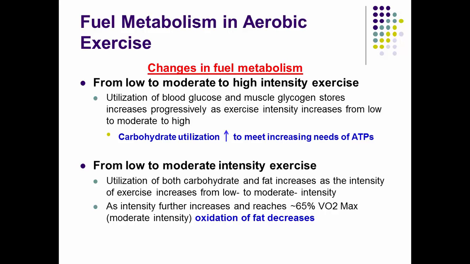If you have more carbohydrate stored in the muscle, you'll be able to utilize it to produce ATP and continue to perform well. But if you have a lower carbohydrate store at this stage, you have less ATP being produced during this period, which will significantly reduce the efficiency of exercise.